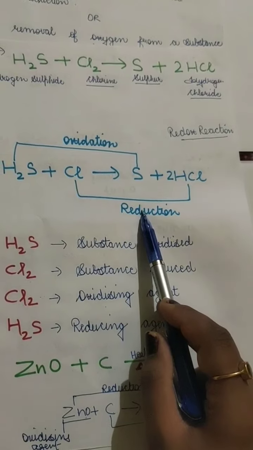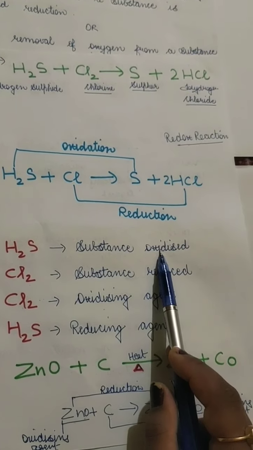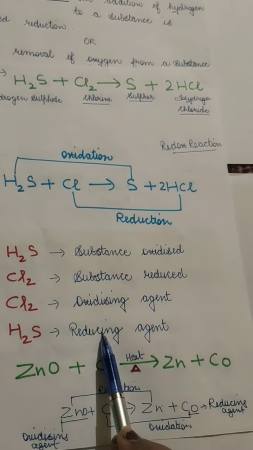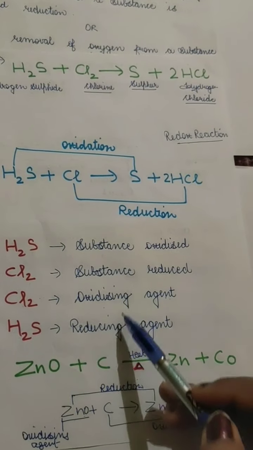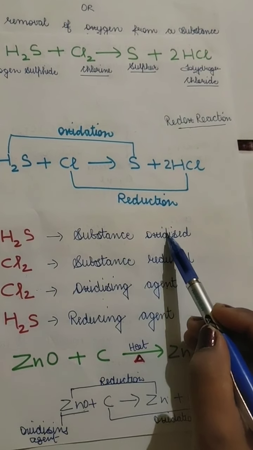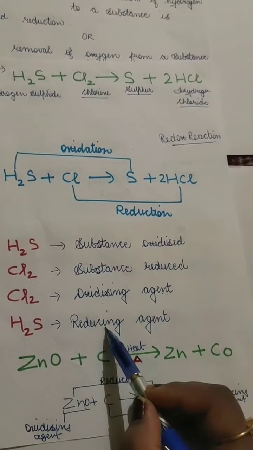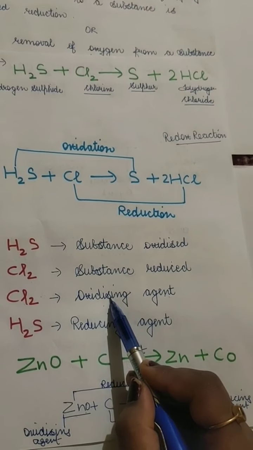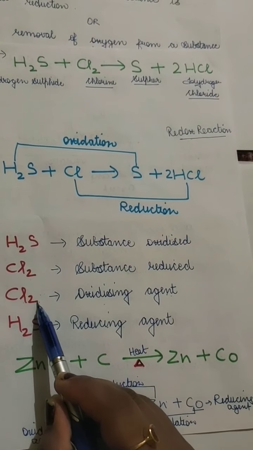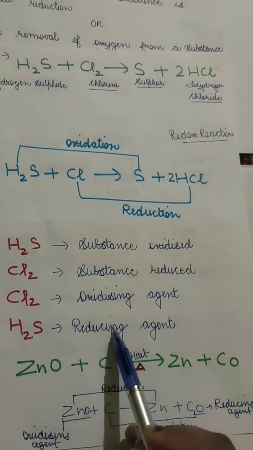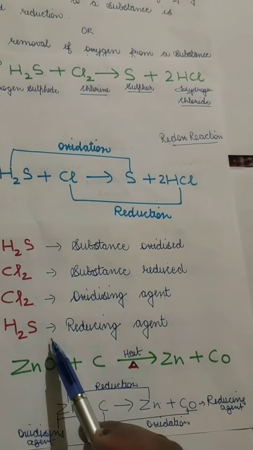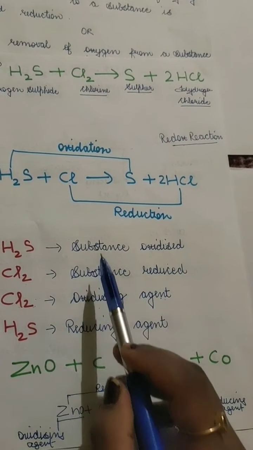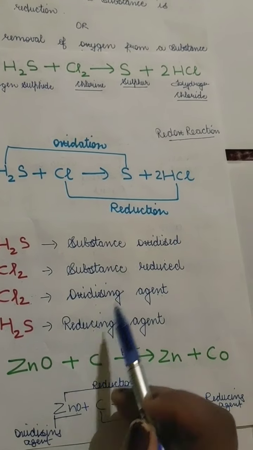The substance which gets oxidized is called the reducing agent, like an opposite or reciprocal of this. The substance which gets reduced is called the oxidizing agent. So since Cl2 is helping in reduction, it is called an oxidizing agent, and since H2S is helping in oxidation, it is called a reducing agent.